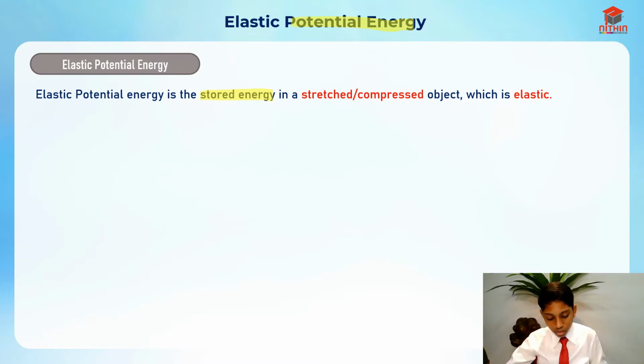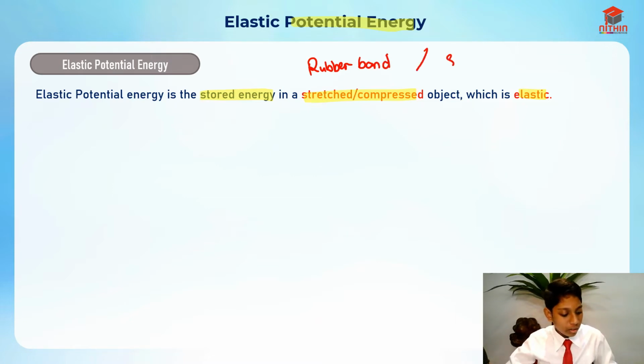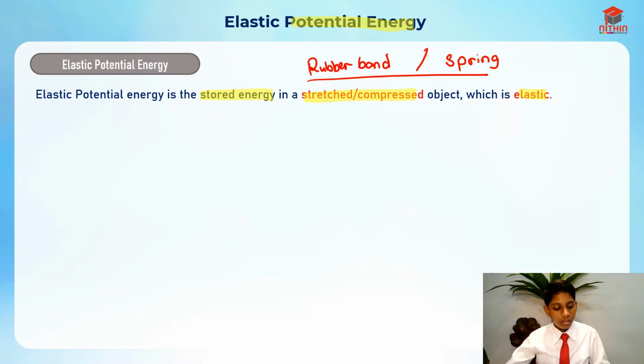Elastic objects like the rubber band and the spring are the two things they test. Sometimes they also test the balloon, because many students get tricked by this, and I'll explain later.